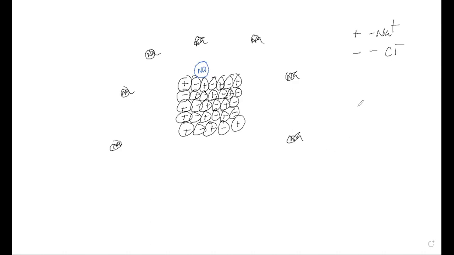This Na atom produces Na plus ion and one electron.